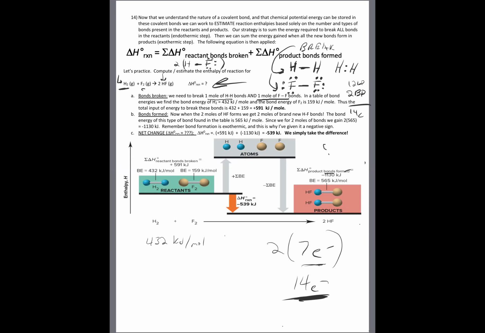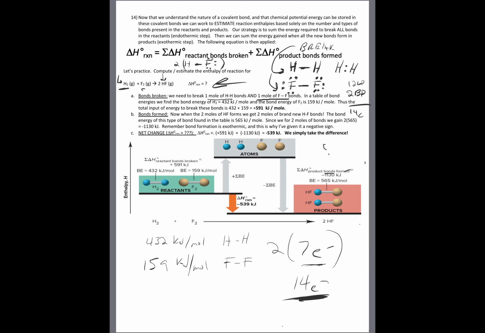And that's to break the HH bond. Okay, that's what it cost us. That's the bond energy. And likewise, if we go to look how much energy it costs us to break the FF bond, it's 159 kilojoules per mole. Again, that's our bond energy.